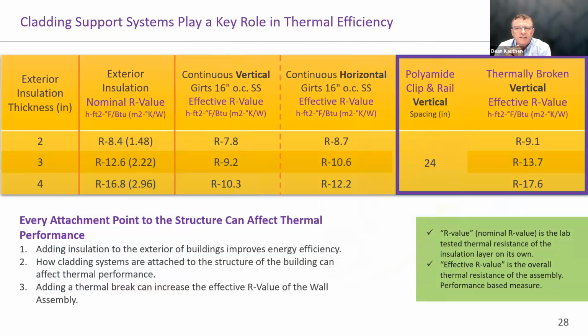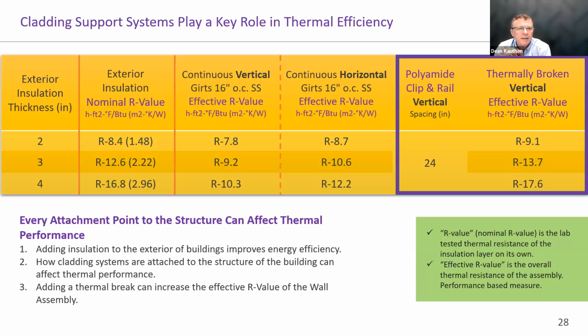So we can summarize the thermal performance section with this example. If we take a look at the first column on the left, the insulation thickness, that would be a mineral wool insulation. And we could use the 4-inch mineral wool as an example. Out of the box, it has a nominal R value of about 16.8.